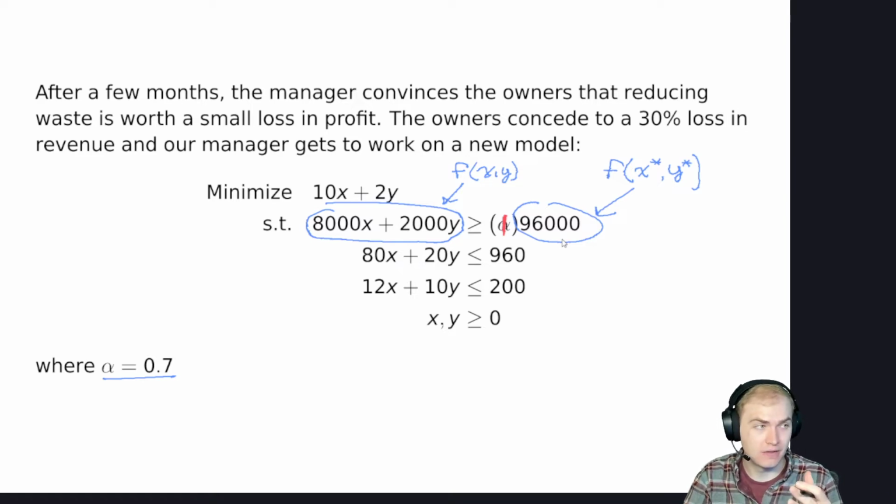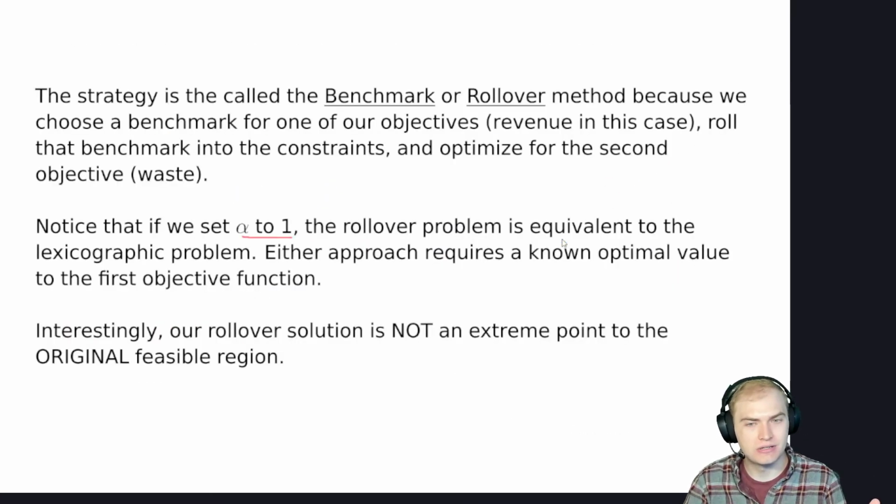It can't be any bigger than the optimal profit, so it has to be exactly equal to optimal profit, which is going to be the same idea as the lexicographic method. So the rollover is sort of a generalization of the lexicographic method.